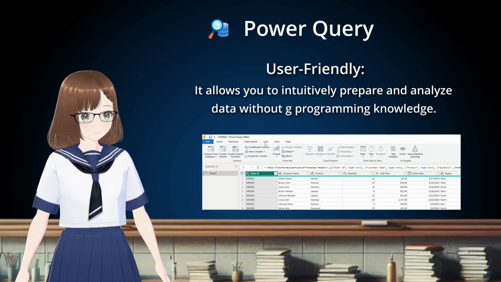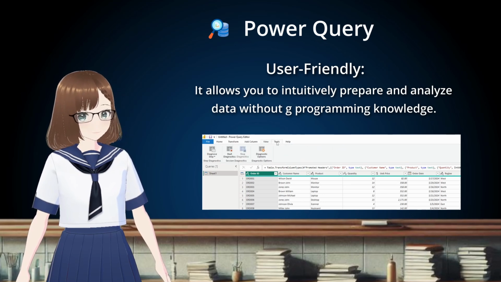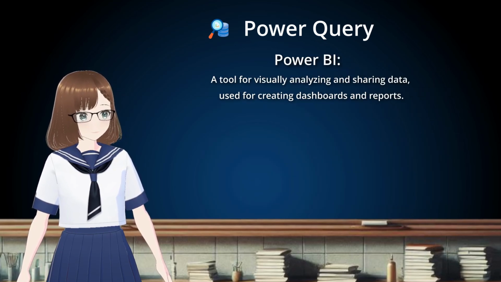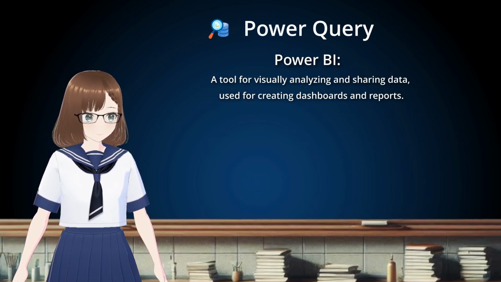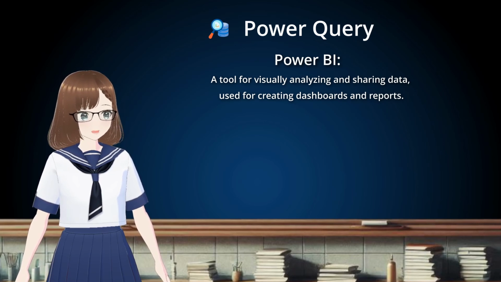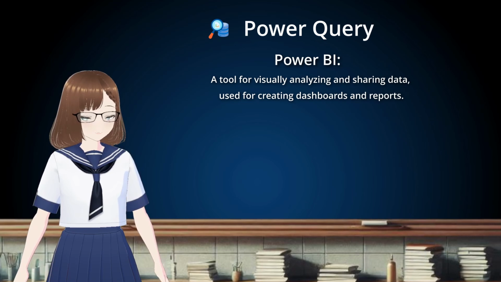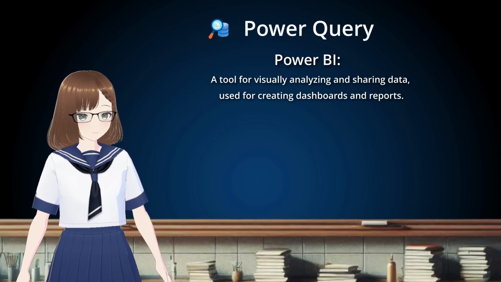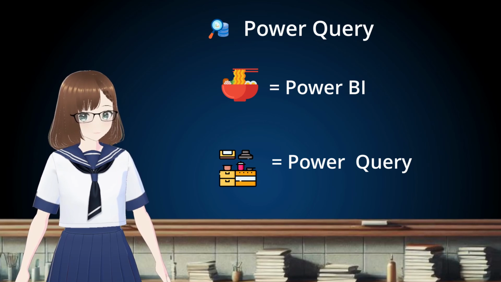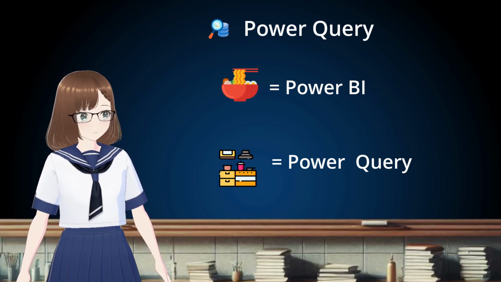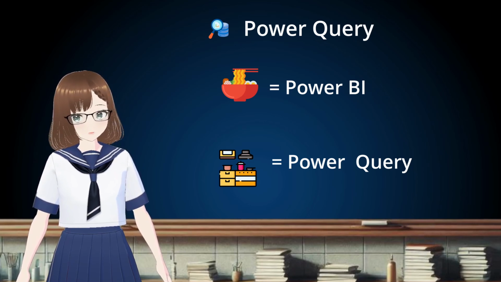The relationship between Power BI and Power Query. Power BI, a tool for visually analyzing and sharing data, used for creating dashboards and reports. Power Query, a component of Power BI that handles data collection, transformation, and preparation. If Power BI is like a restaurant, Power Query is the kitchen.